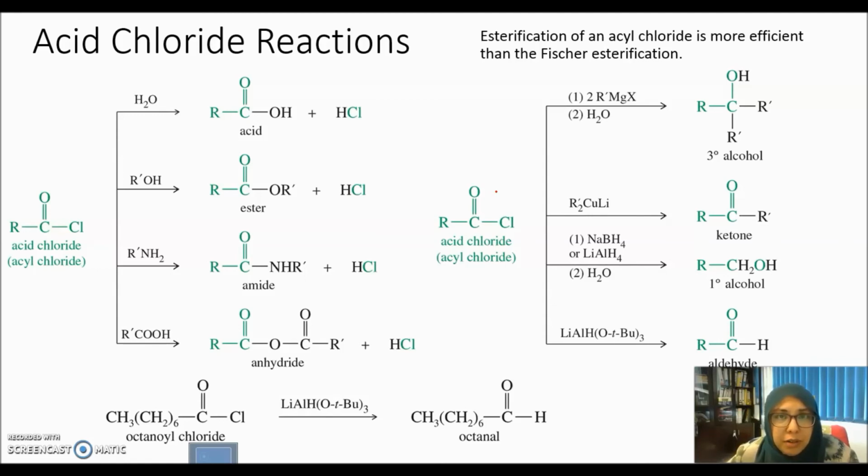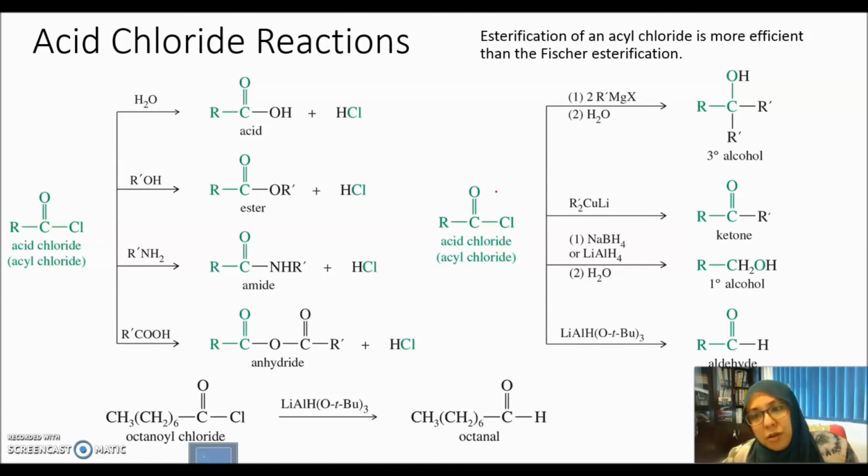Or you react with amine or ammonia and you will get amide, and you might want to react it with another carboxylic acid and you will get anhydride. Remember, anhydride comes from 2 carboxylic acids. You can react it with Grignard reagent, or you can do a reduction where you will observe primary alcohol.